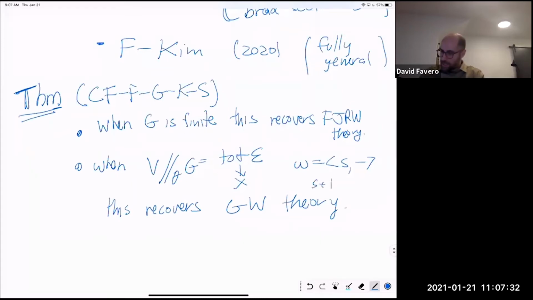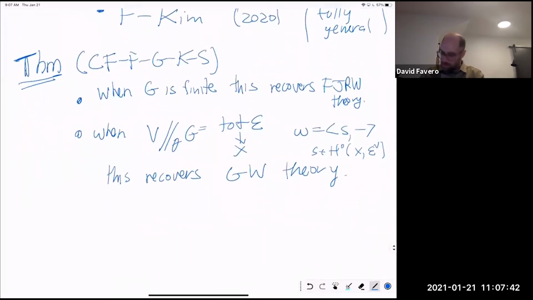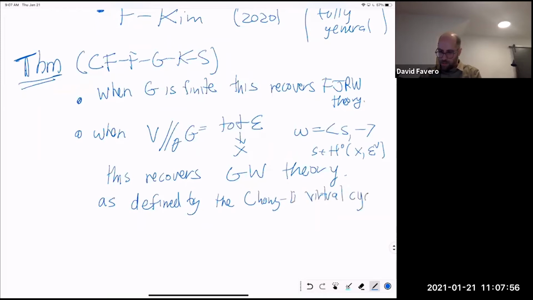But with the caveat that as defined by the Chang-Lee virtual cycle, at the time it wasn't known if that agreed with the Baron-Fontecchi cycle, but that was then also proven by Kim and O. Bumsig again followed up with this.